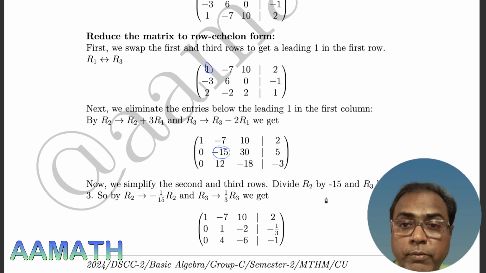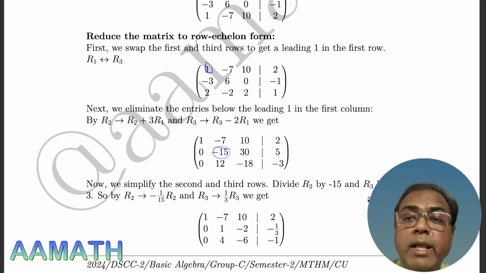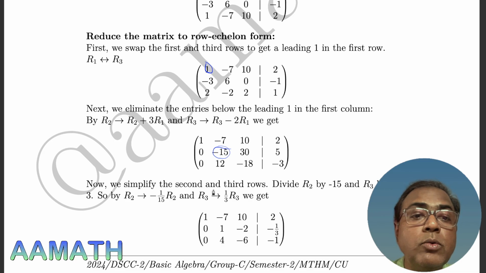So we divide the second row by minus 15, and the third row by 3: R2 by 15, and R3 by 1 by 3. So this position is 1, and next we eliminate this 4 position.